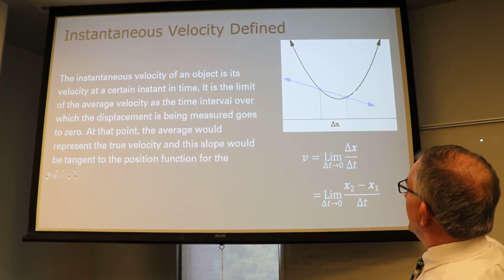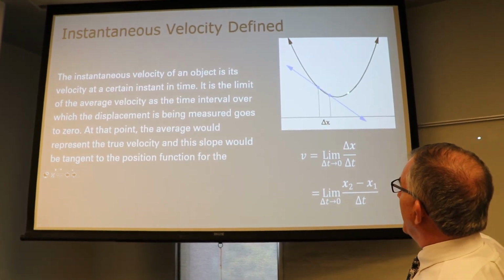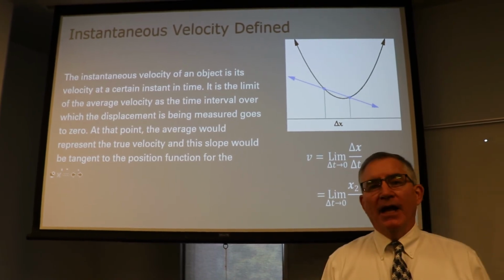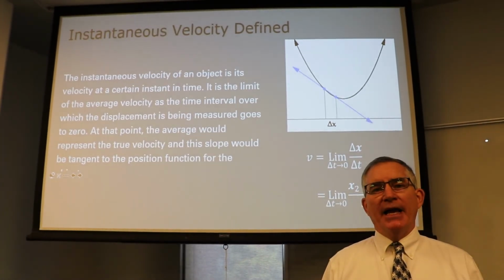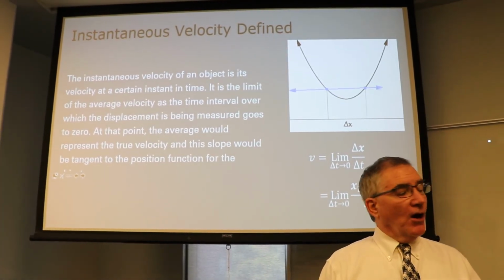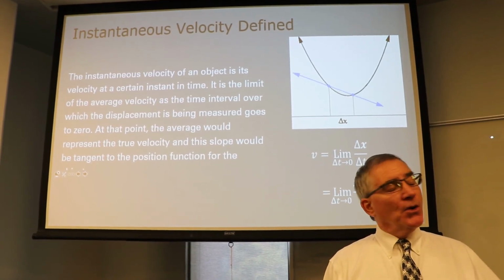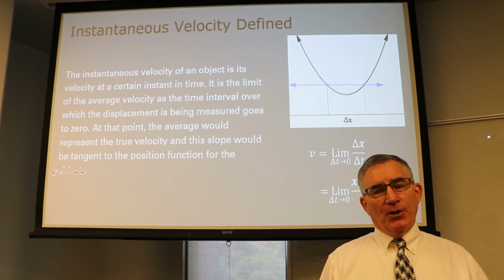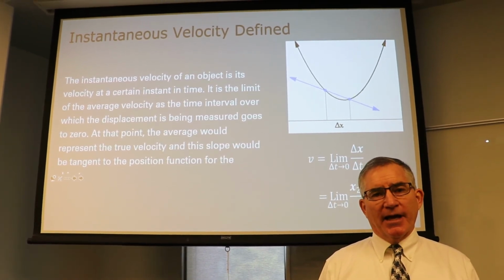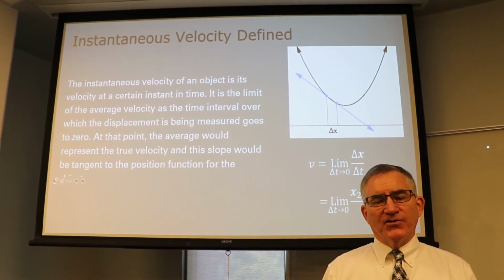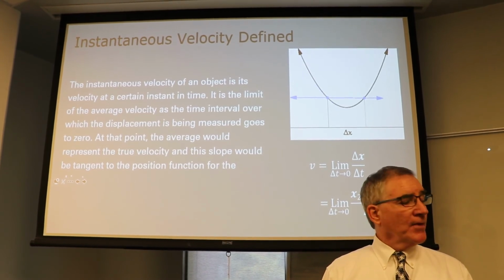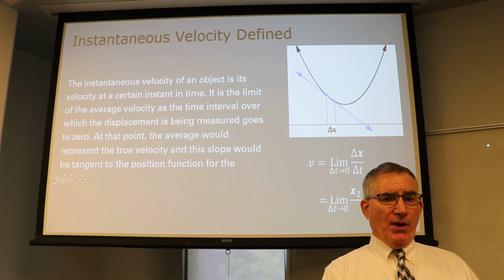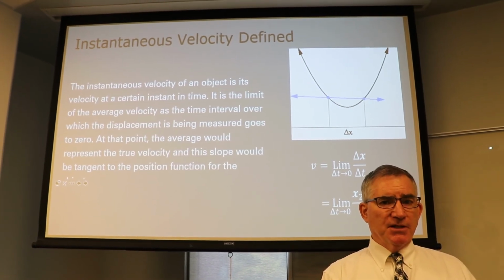So the time over here is whatever time it takes for that particle to get to that particular spot on the curve. Well, we're going to keep it super simple. We're just going to go straight down a ramp, and it'll be very easy to keep track of the displacement and the time as we measure the average velocity and then find how it points right to the instantaneous velocity.